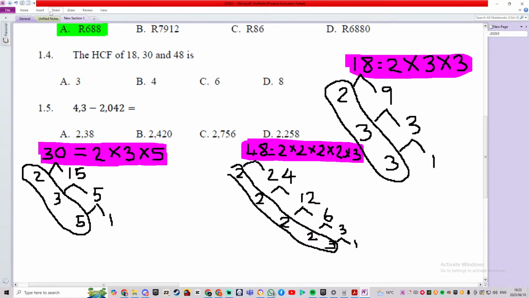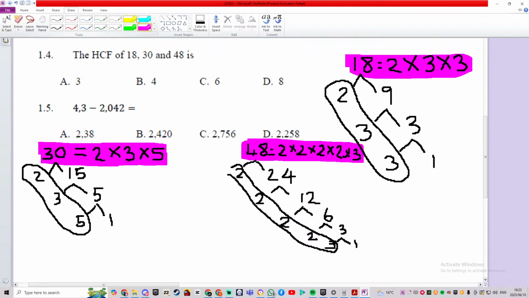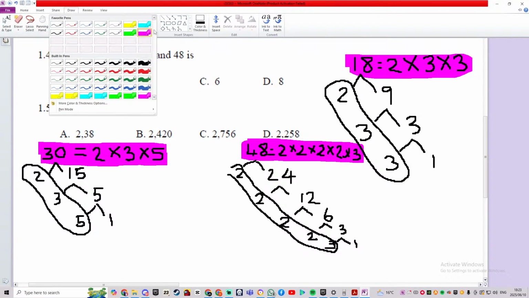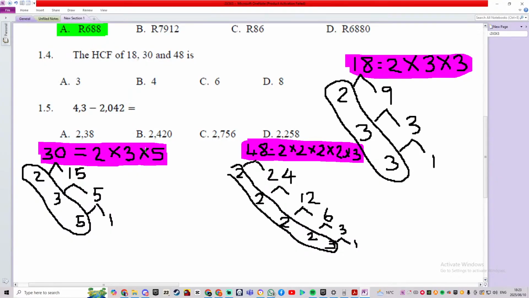Now, when we are wanting to find the highest common factor, I'm going to highlight these ones in green. I look at which of these are repeating. Remember, I'm going to look at the product of the prime factors, which I highlighted in purple, and look at how many of them are repeating.